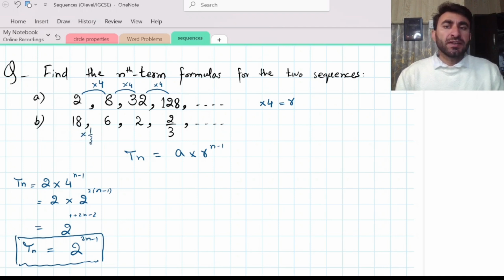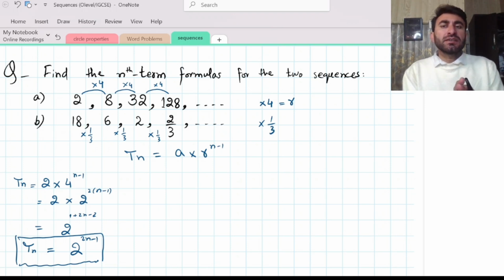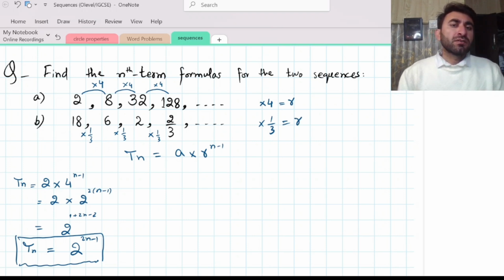When we multiply 18 by 1 upon 3, it becomes 6, and when we multiply 6 by 1 upon 3, it becomes 2, and the same number is multiplied by 2 to get the next term. So the term to term rule here is multiply by 1 upon 3, and as the rule is multiplication, it is also an exponential sequence, and the common ratio here is 1 upon 3.